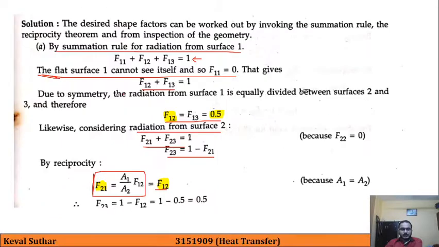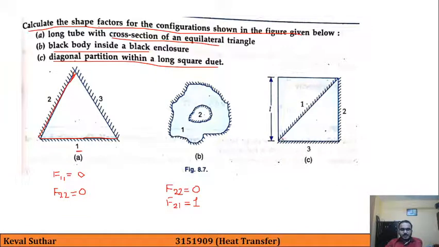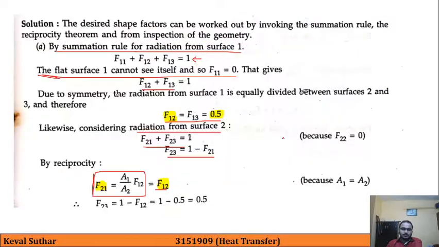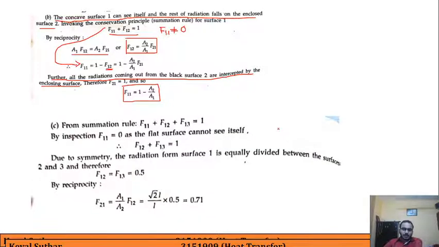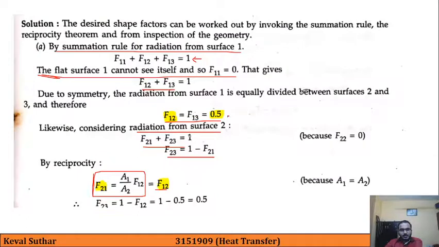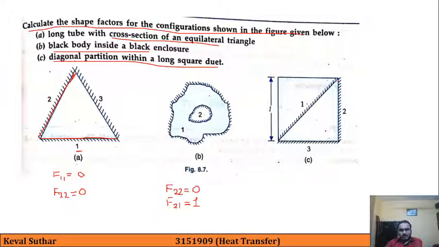Now we will focus on our third figure, a diagonal partition within a long square duct. Again from the summation rule we can say that F11 plus F12 plus F13 is equal to 1. Now by inspection F11 is 0. Why? Because this is a flat surface which cannot see itself.